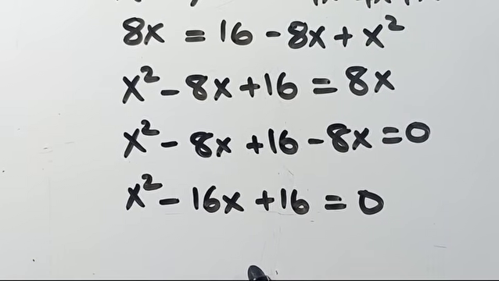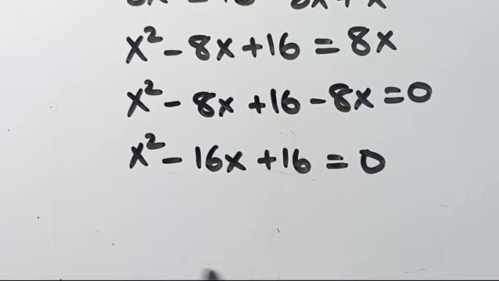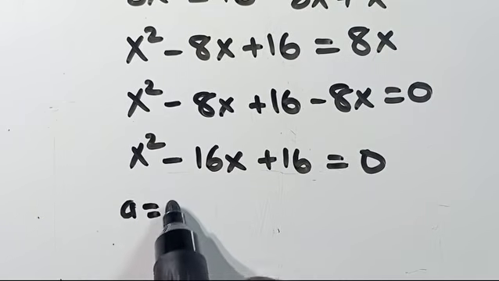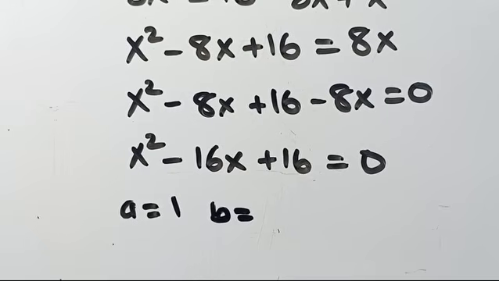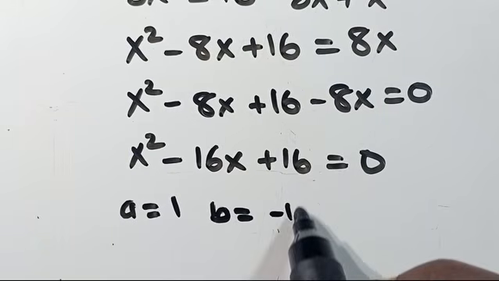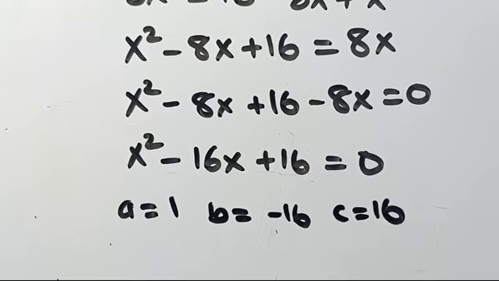Now, by applying the quadratic formula, where we are going to have our a to be the coefficient of x squared, 1, our b to be the coefficient of x, minus 16, then our c to be equal to 16.